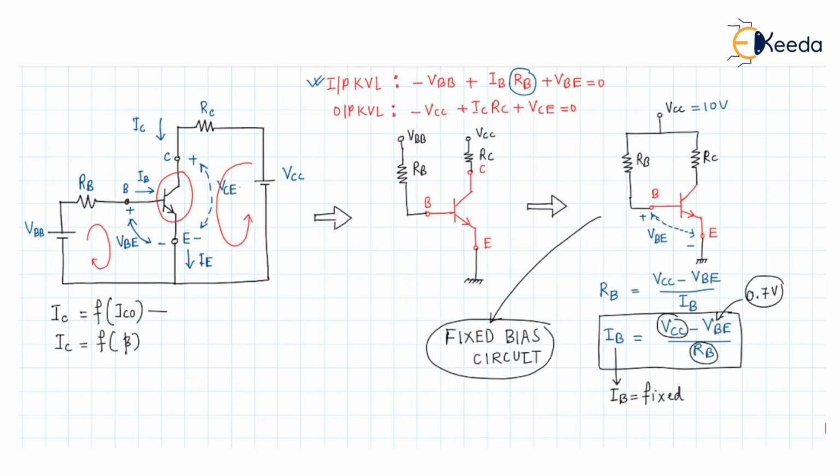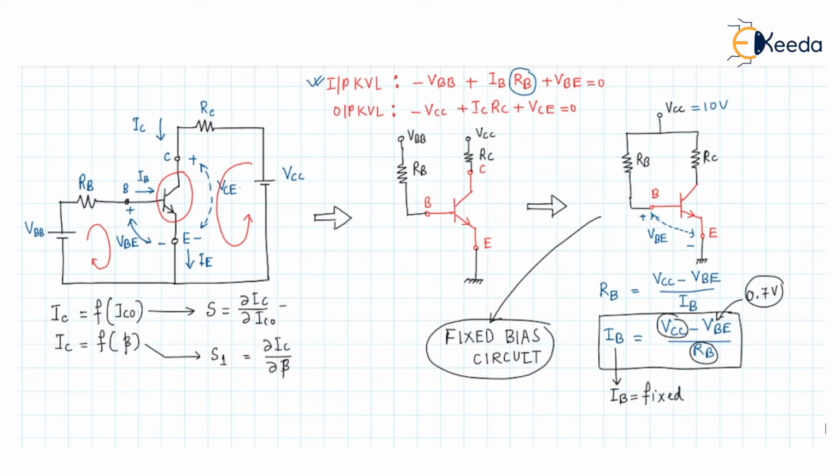So for the dependency of IC over ICO, we will define a stability factor S as del IC by del ICO. Similarly, we will define another stability factor S1 as del IC by del IB.